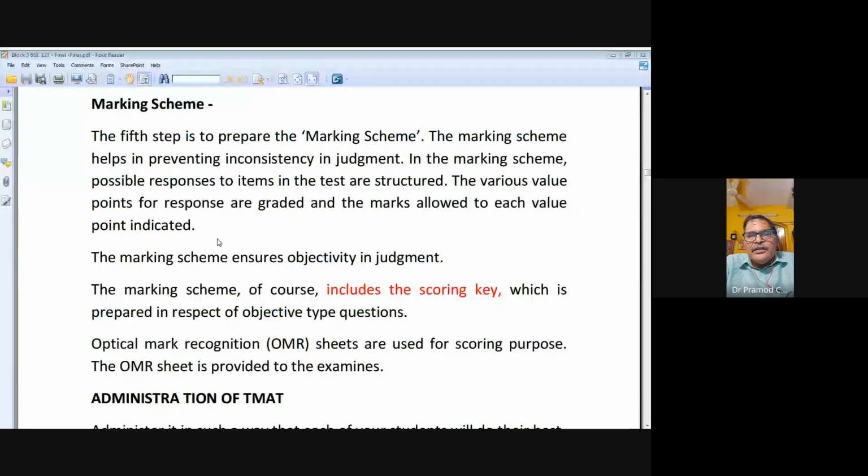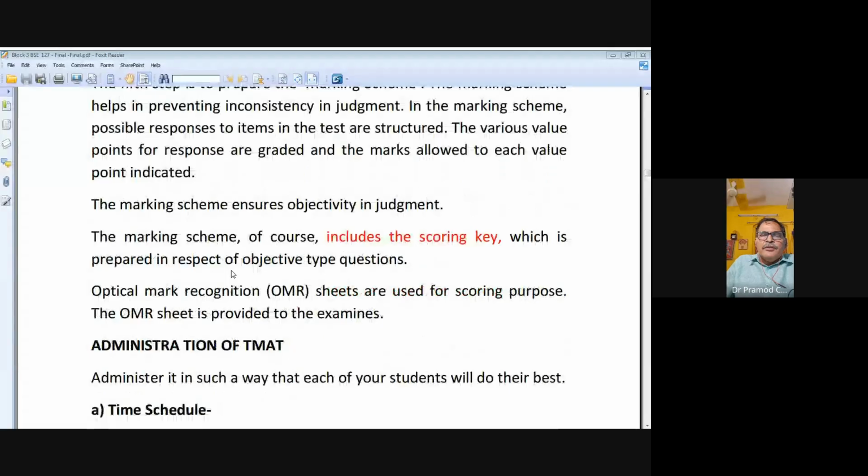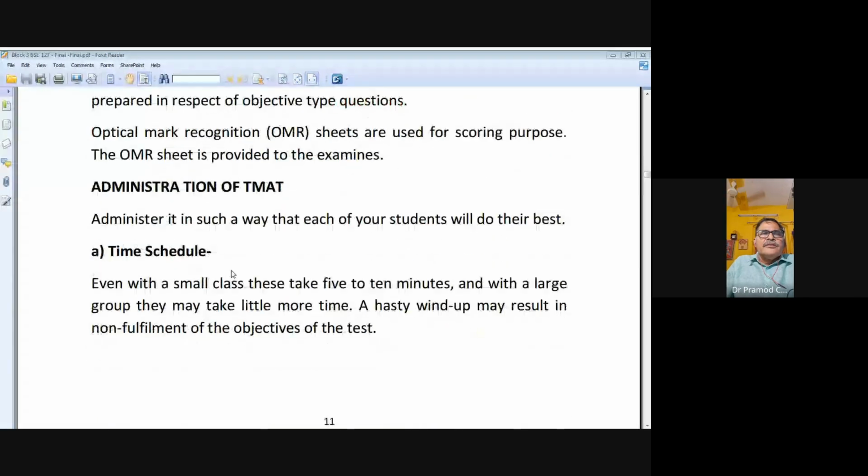You will have to mark the answers there, in pencil you will have to round it, whatever it may be. Then automatically the OMR sheet is provided to the examinees and it will be collected, and it will be very easy for taking the scoring key.